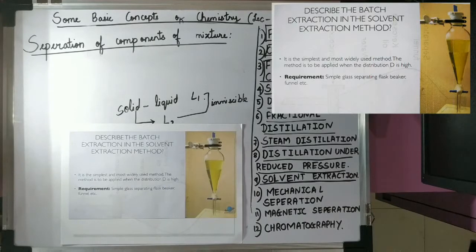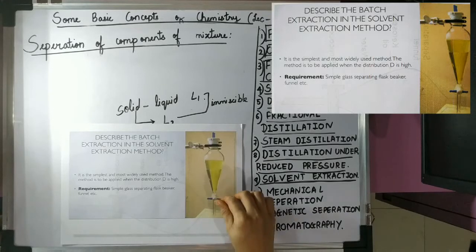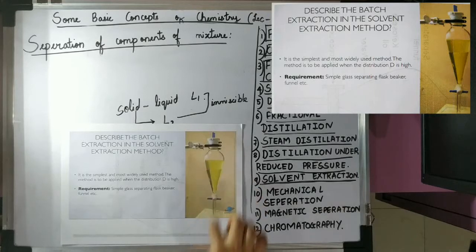According to the distribution ratio, the solute is distributed into both solvents, but more into the chloroform layer. The chloroform layer is at the bottom, so I can open the top cork and remove the chloroform. Later, I can heat the chloroform, distill it off, and get solid iodine. I can also distill off the water to get the remaining iodine. Okay, so this is a very important technique of solvent extraction.